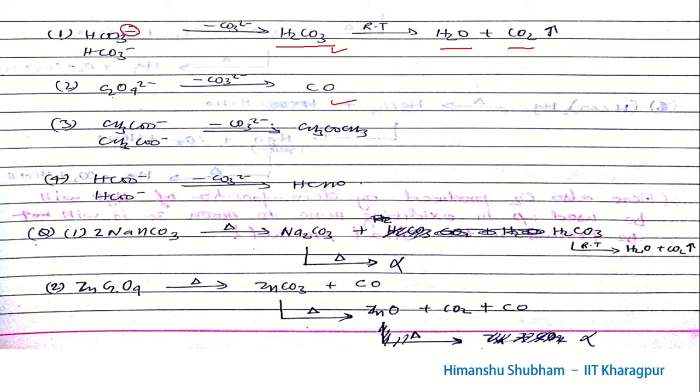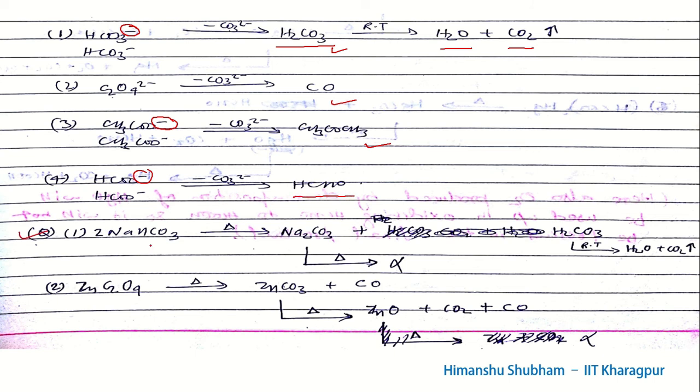Next, for acetate, we again have only one minus sign, so we add two such compounds and subtract CO3 2 minus from it. The resulting compound would be CH3COCH3. Next, in the case of HCOO minus, again we add two such compounds because only one minus sign is there. Upon subtracting CO3 2 minus from 2 HCOO minus, we get HCHO.